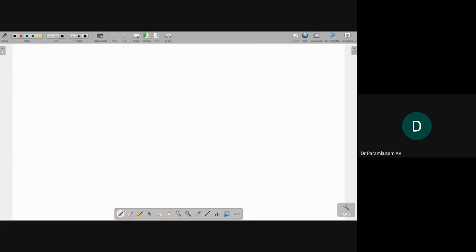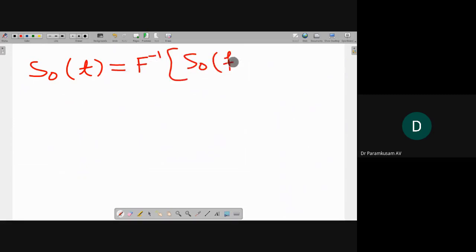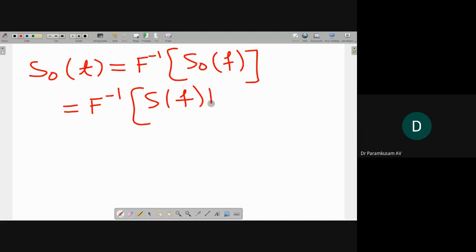Then what is s naught of t? It is the inverse Fourier transform of s naught f, which equals the inverse Fourier transform of s of f into h of f.